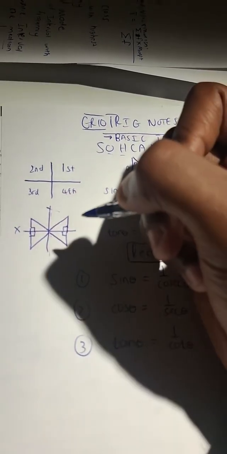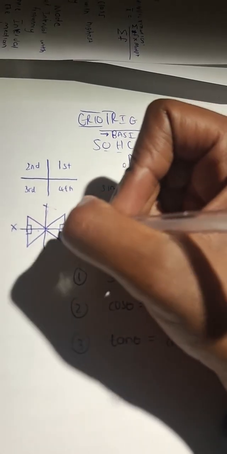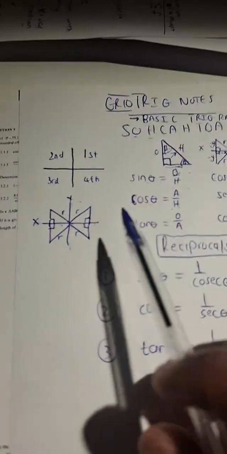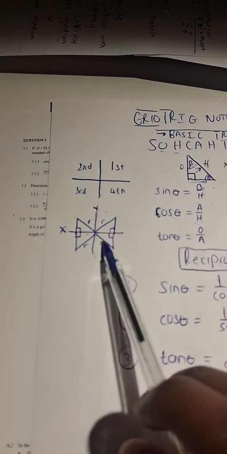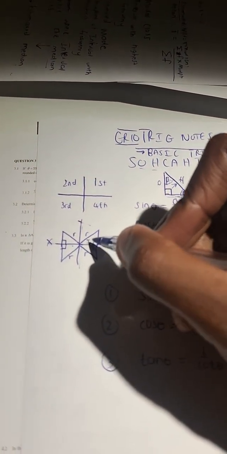And as I had indicated, the y values here at the top are positive, whereas the y values here at the bottom are negative. The x values here on the left are negative, the x values here on the right are positive. R on the Cartesian plane for whatever terminal arm is always positive, but your x and y will be changing depending on which quadrant we are in.